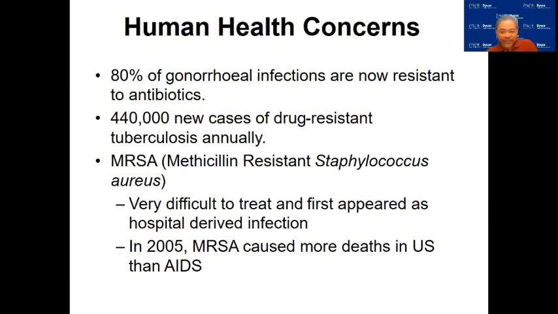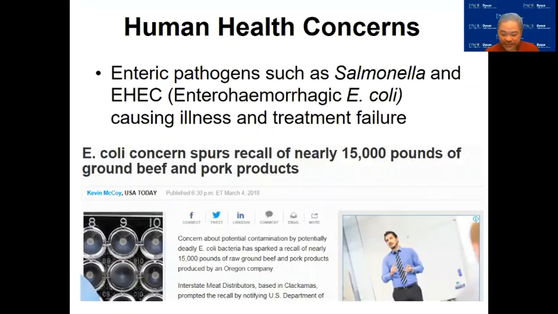In 2005, MRSA caused more deaths in the US than AIDS. These infections account for the majority of skin and soft tissue infections treated in emergency rooms in the US. And then we have the enteric pathogens such as Salmonella and enterohemorrhagic E. coli.